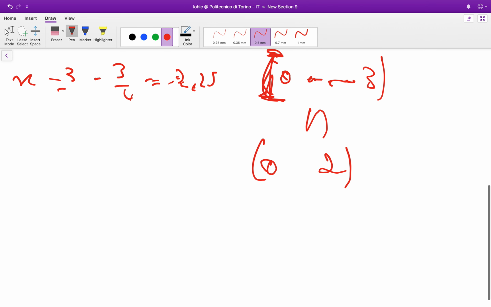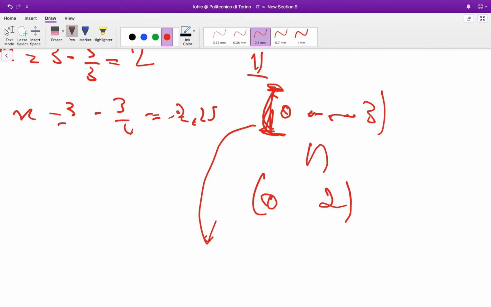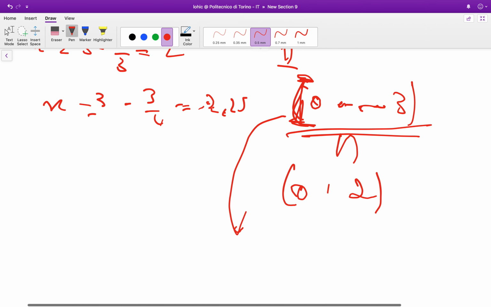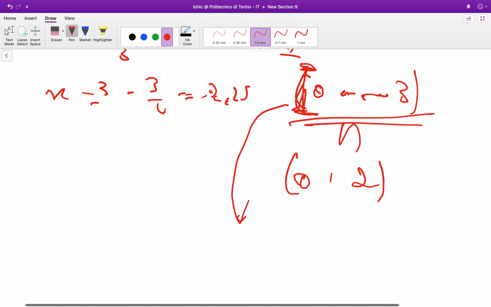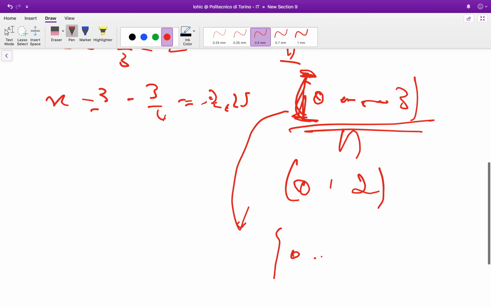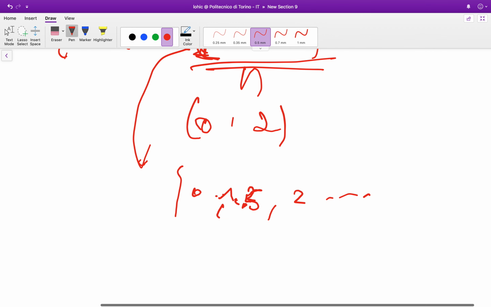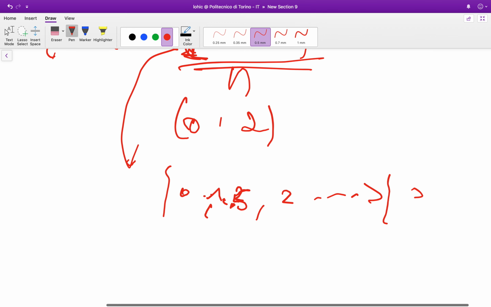So when I intersect, it will give me all the same numbers I used to have here, but without 0. What was the list? 1.5, 2, and so on, tending to 3, right?